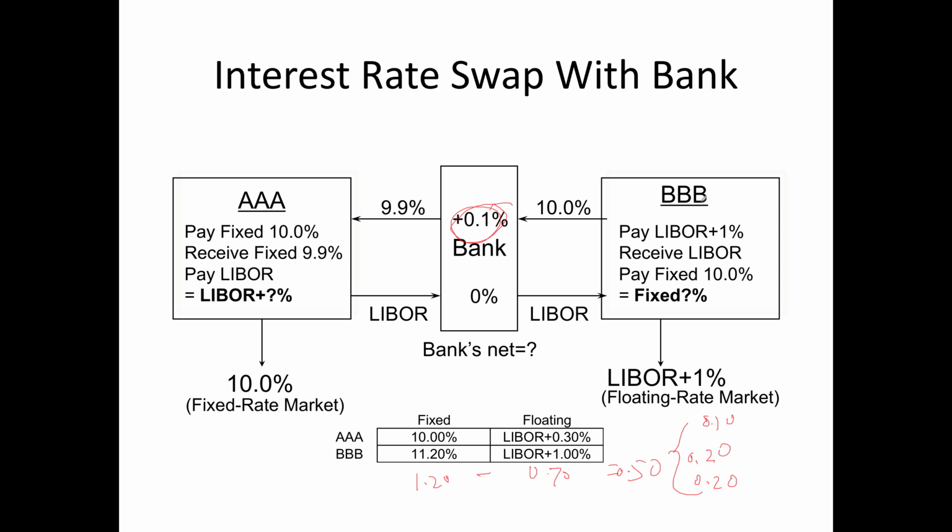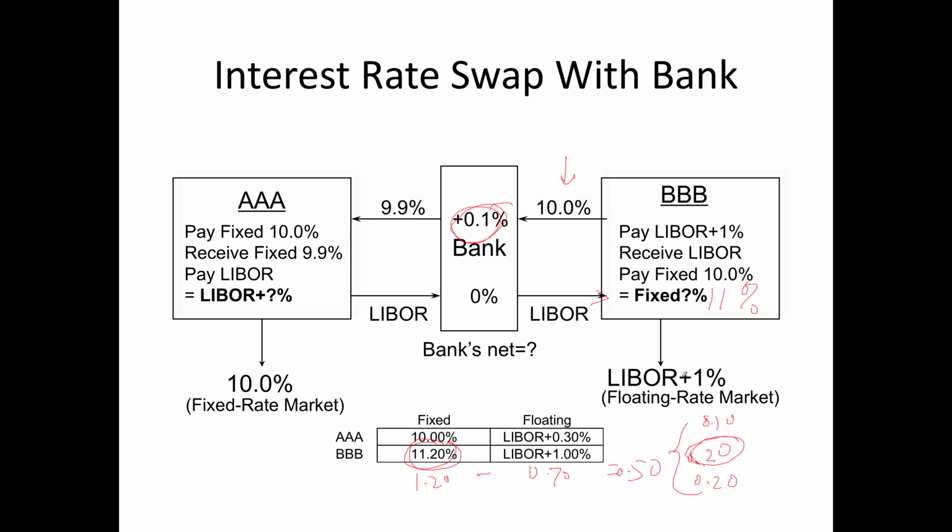Now, we assume the bank will pay triple B LIBOR. Usually that is the case. Even though LIBOR can be any random number, depending on what the rate is 6 months earlier. So it's a variable loan. It's constantly changing.